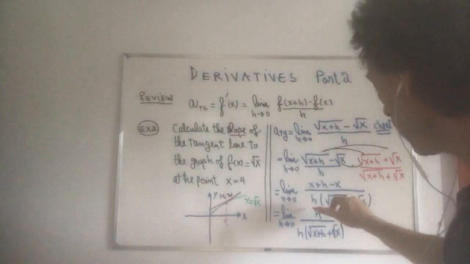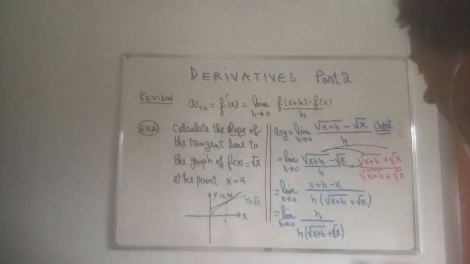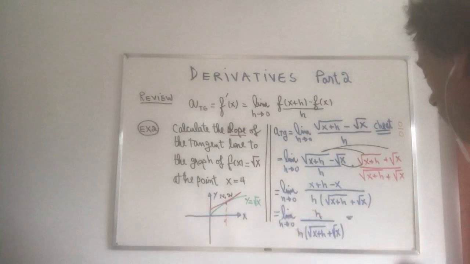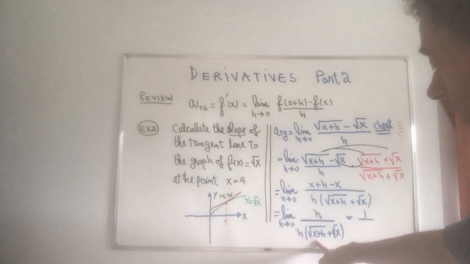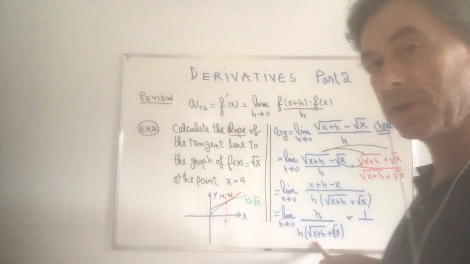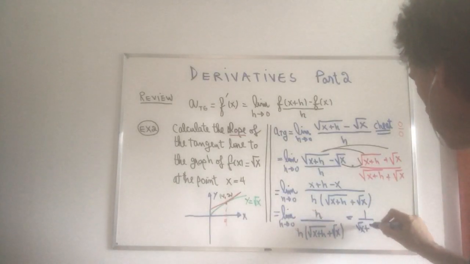Clearly, and without any doubt, these two are gone. And then I can cheat and get what? 1 over, replacing h by 0, x plus 0 is x, so that's root x plus root x.